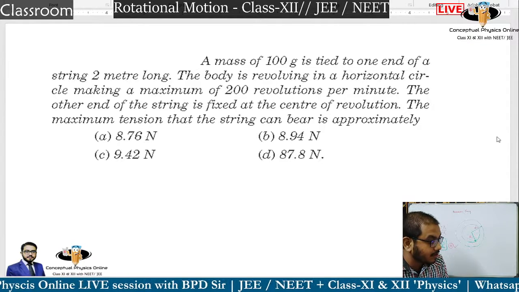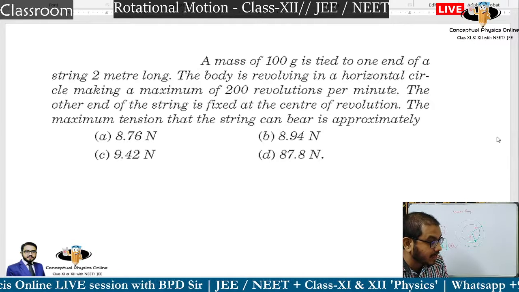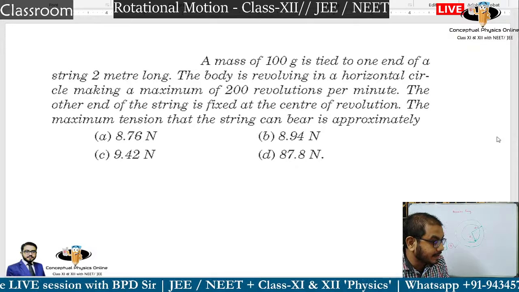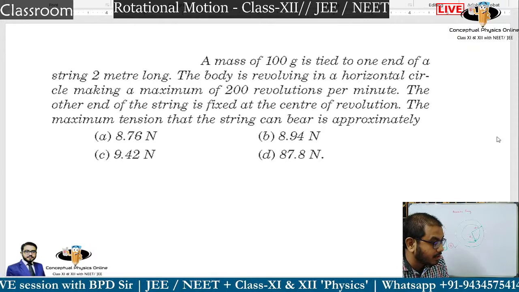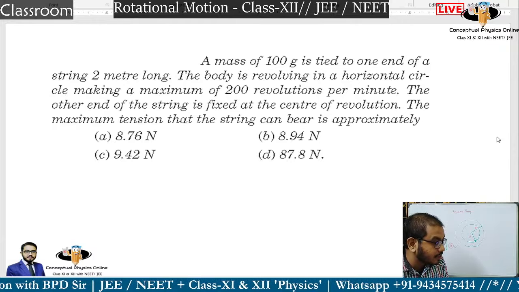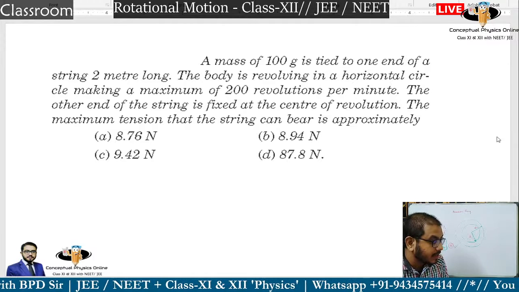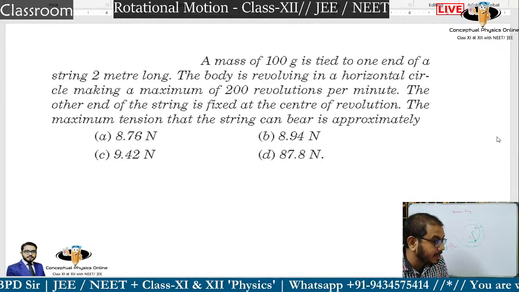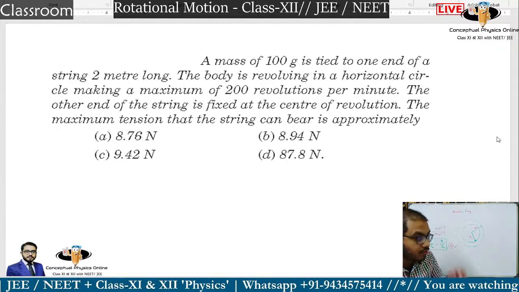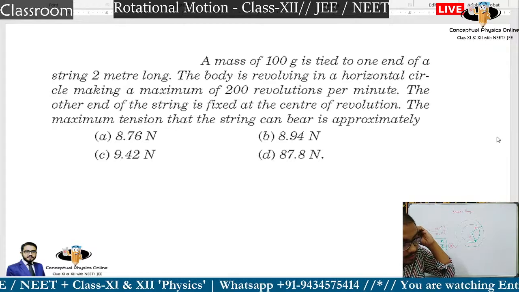The other end of the string is fixed at the center of revolution. The maximum tension that the string can bear is approximately what? So we have to find out the tension.